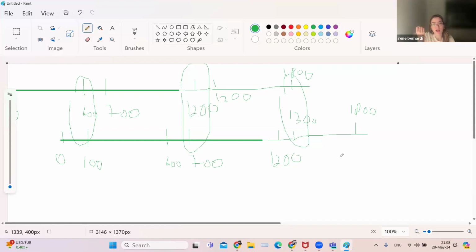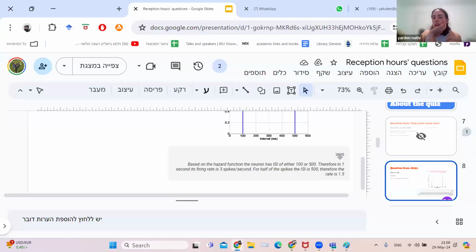And the reason why I know that I should count it for 2 seconds is I ask myself how many 500 lags fit in. The way I do it, which I think is the easiest way, is that I just count what my rate is, and the rate is 3 spikes per 1 second.